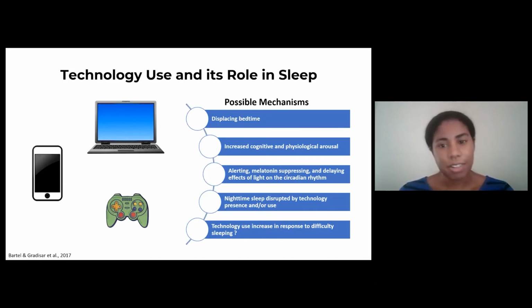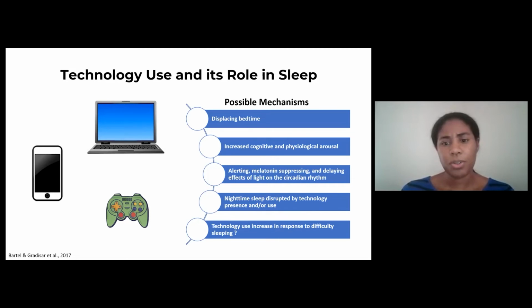Another mechanism is that using it mentally and physiologically arouses you, and the content that you're engaged in wakes your mind up in a way.